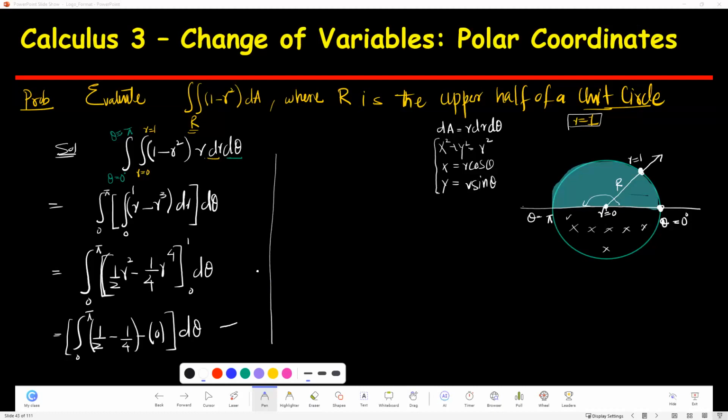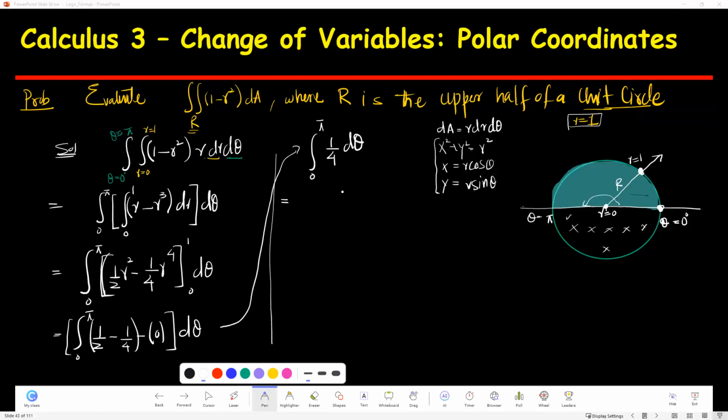Okay, let's take it off and solve it here. So we're going to just make it simplified before you take the integral. 0 to pi, half minus 1 over 4 is going to be 1 over 4, and d theta.